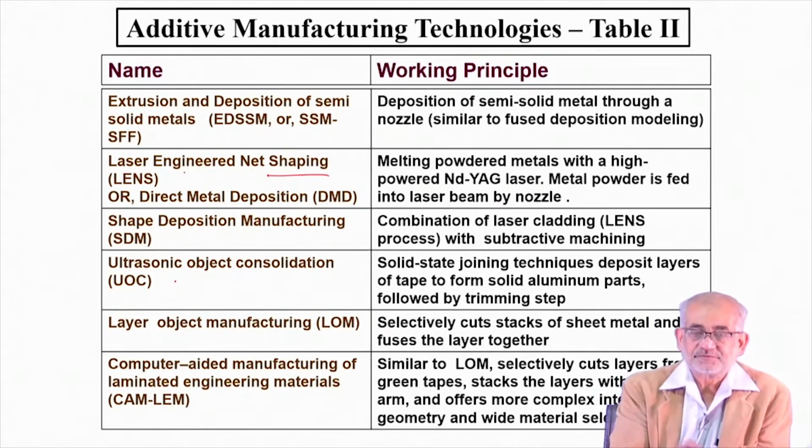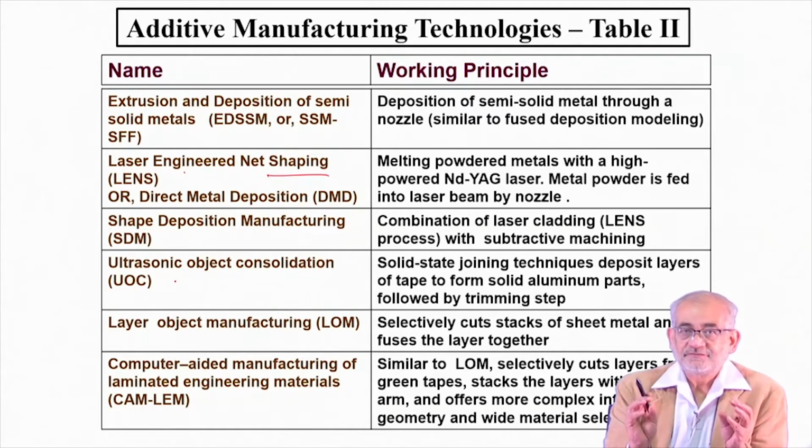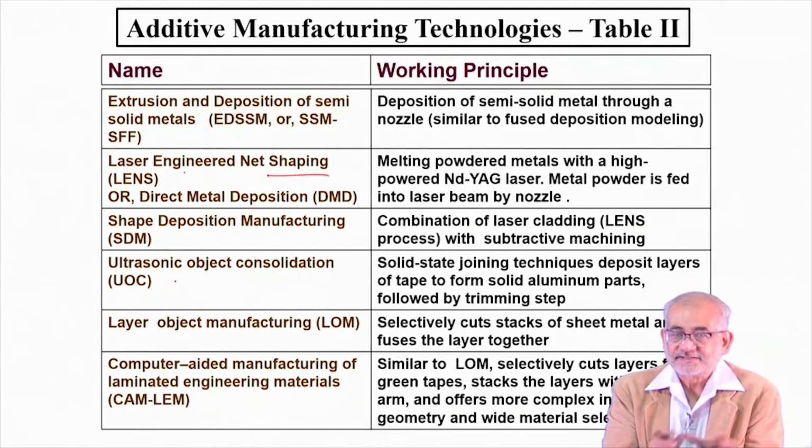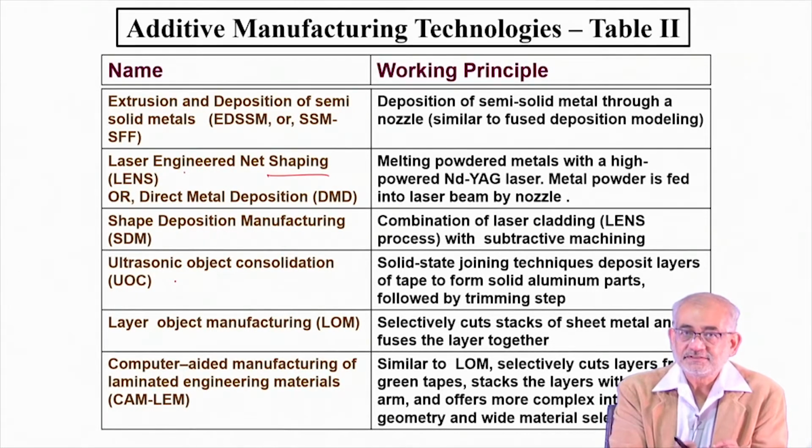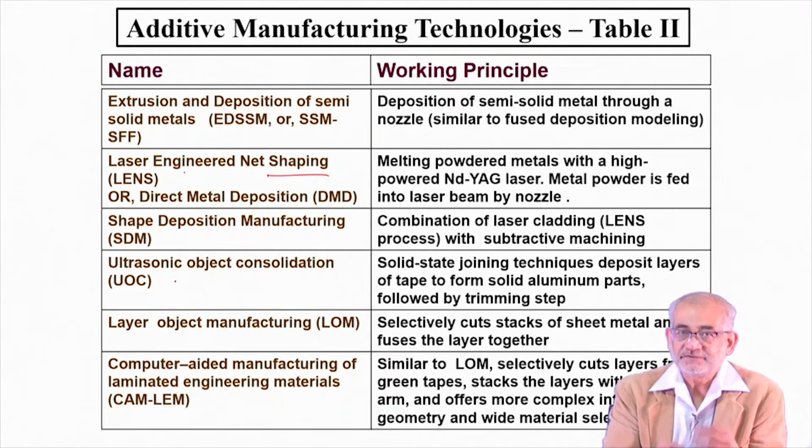These are various names possible. Essentially, if you are feeding powder or wire or tape or rod, in all these cases, that's the feed side, that's the material side, and it can be one material, it can be multiple materials with multiple feeding points, or multiple materials with a prefabrication process bonded in the form of a wire or a tape, which is not material A alone, but A plus B or A plus B plus C in various, varying volume fractions, and so on.